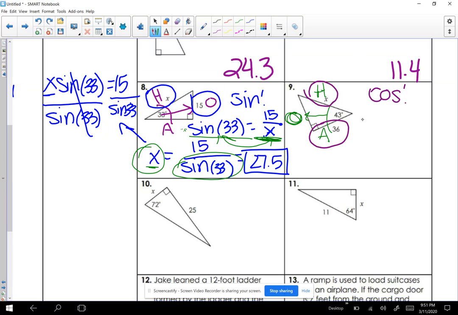And then I know it's always cosine of the angle. Here the angle is 43, so cosine of 43 equals the adjacent, 36, over the hypotenuse, which is x. So we're going to use this trick.